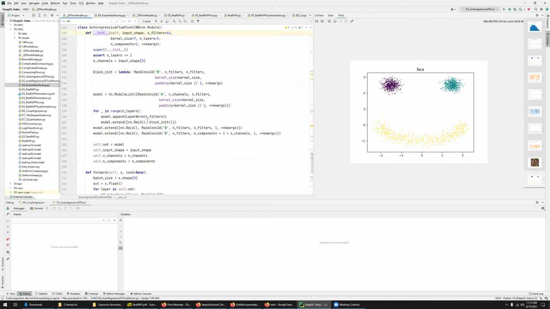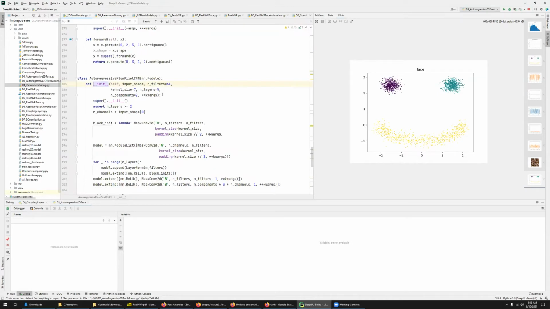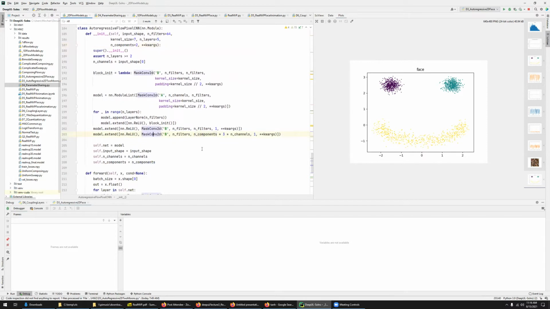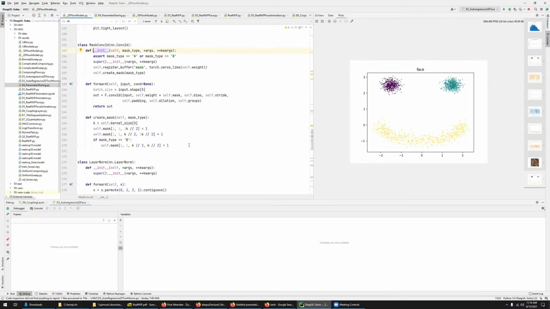Yeah, number of components. This is MaskConv2D, which is the convolution layer.